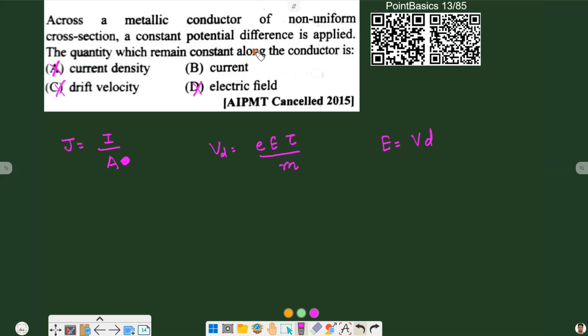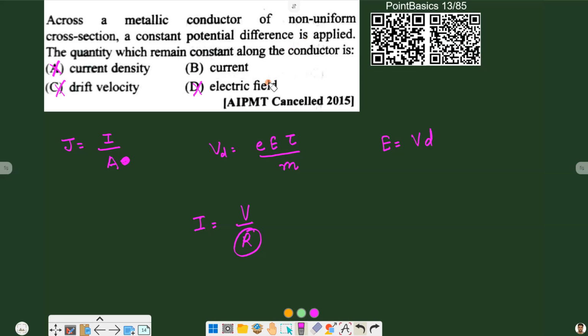Now coming to the current, how will current be constant? In case of a resistance, as this is a metallic conductor, it will have some final value of resistance. So current only depends upon the final value of resistance and does not depend upon how it is changing. So the value of current is just V by R, and here R is the total resistance of this non-uniform shaped conductor.